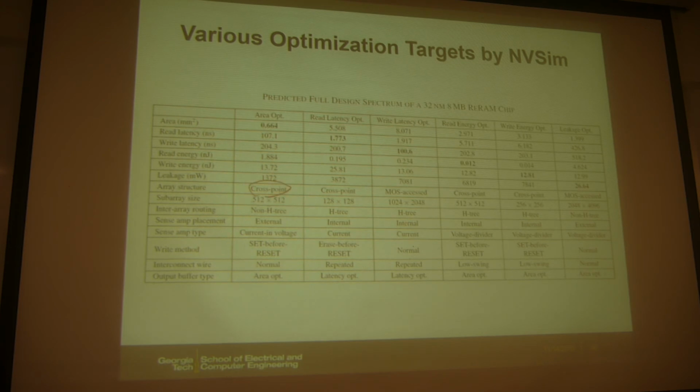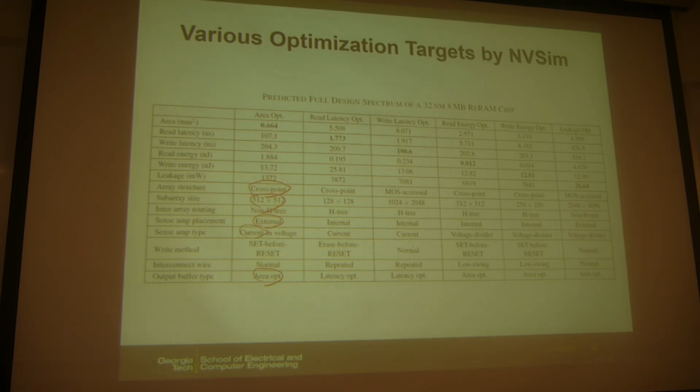You need to use this kind of large 512 by 512 subarray size. And then you want to use shared sensing. The sensing is external, and the sensing type is current mode. So the driver buffer should be area optimized. So here you can see that for different targets, you can have different choices for each module.